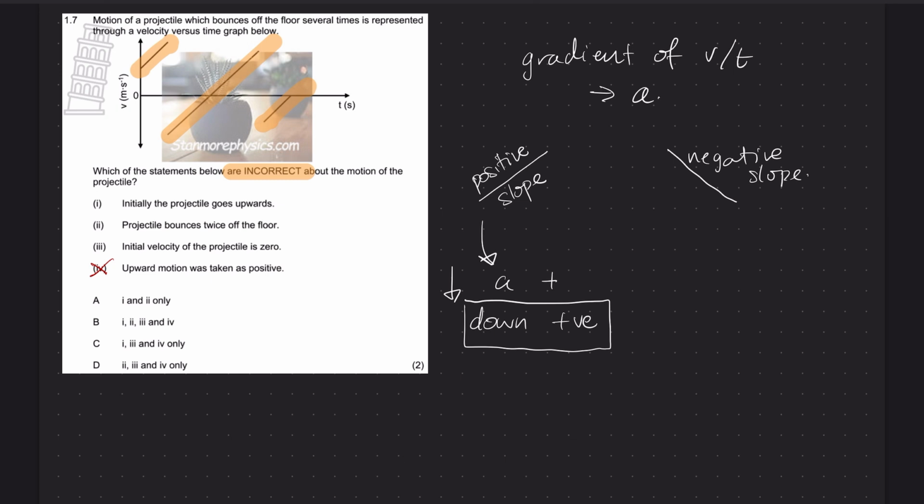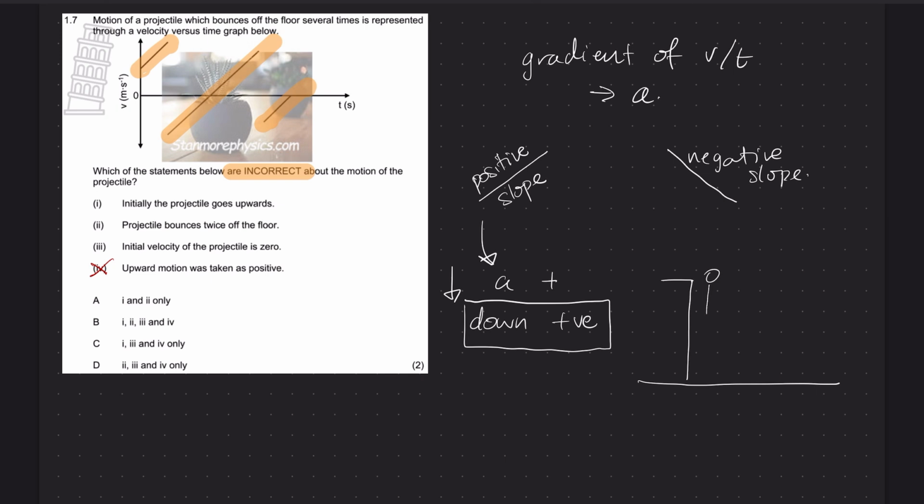So if we had to draw a sketch of what's happening here, say we have a cliff. Since down is positive, and you can see that the velocity is increasing in a downward direction, it means that the object was thrown down.